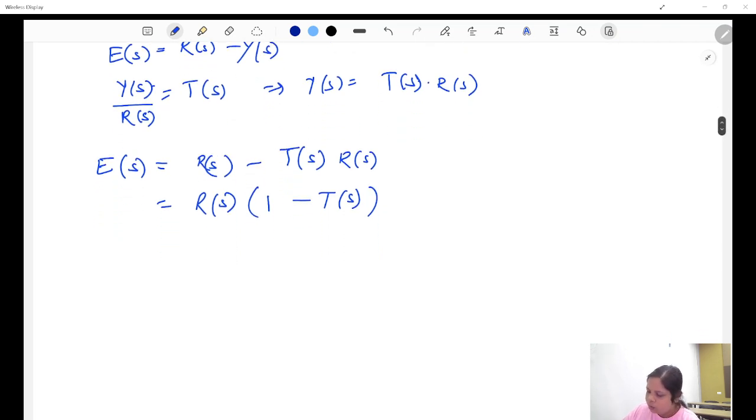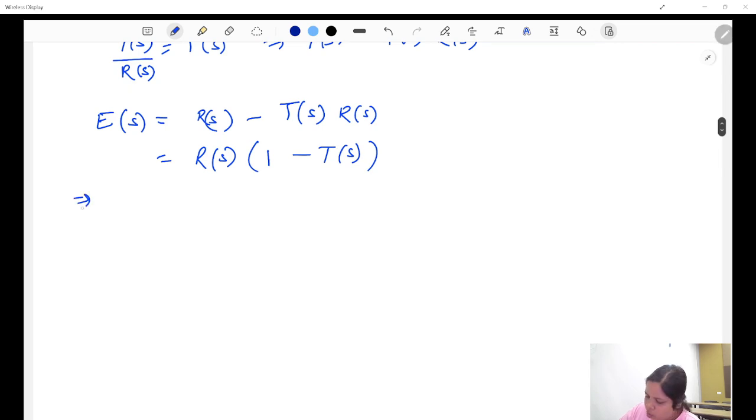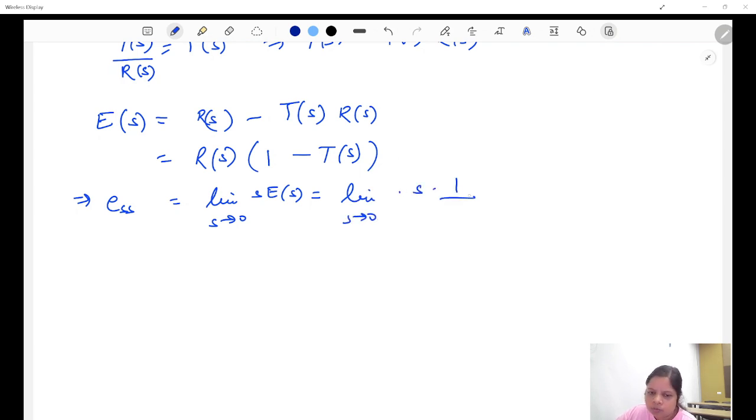Now let's go to ESS, which is limit S tends to 0 of SES, which is limit S tends to 0 of S into RS.